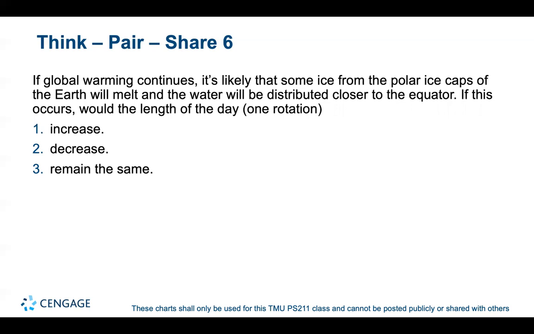More mass moving towards the equator would essentially move the mass to a greater distance from the axis of rotation and increase the moment of inertia. Because the conservation of angular momentum requires that L1 omega1 equals a constant, an increase in the moment of inertia would decrease the angular velocity and slow down the spinning of the Earth, thus the length of each day would increase.